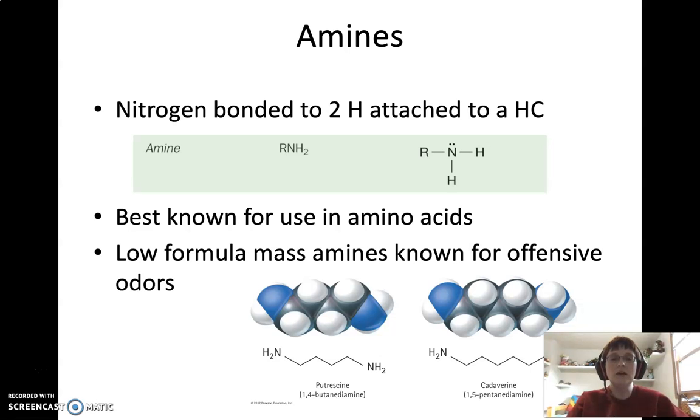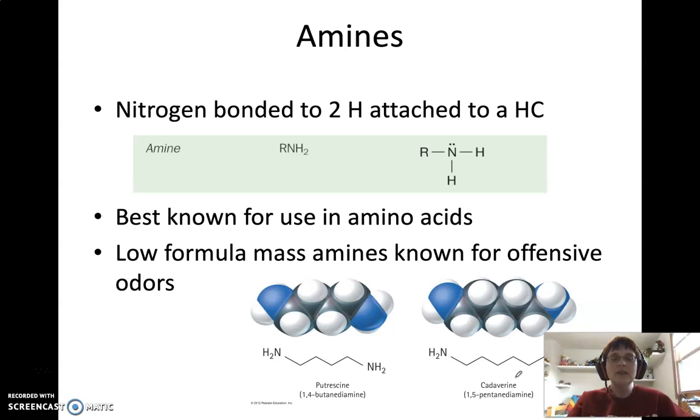The other one that I just want to show are some of the low mass amines. They're known for their offensive odors. You might notice the names down here because these are the two main low mass amines, putrescine and cadaverine. The names do describe their odor. These two amines are commonly found with dead bodies and are actually a big part of the odor that comes from decomposing bodies like animals and so forth.